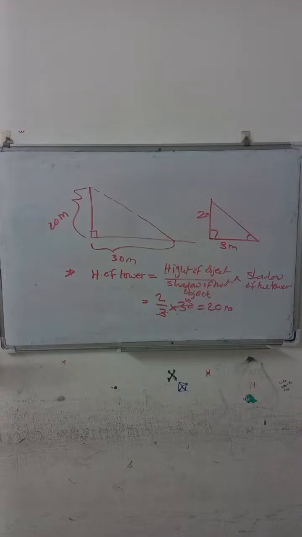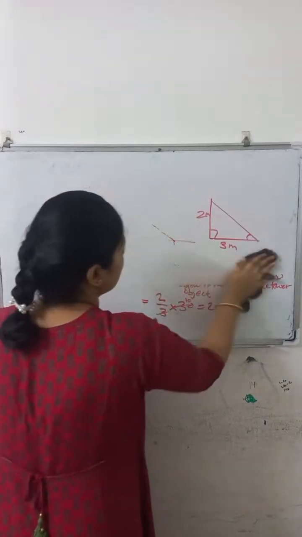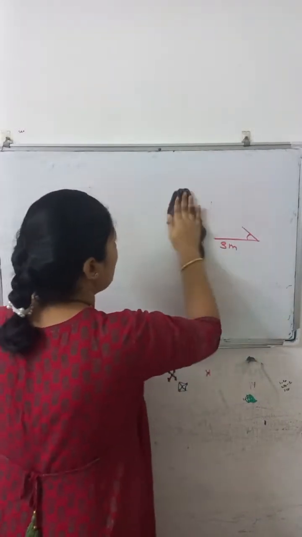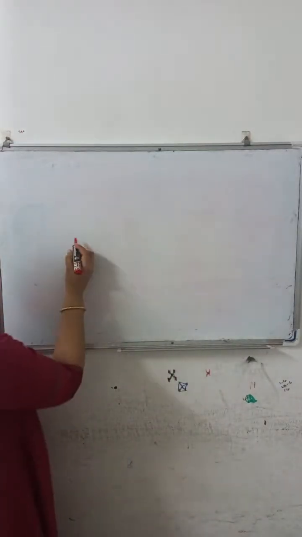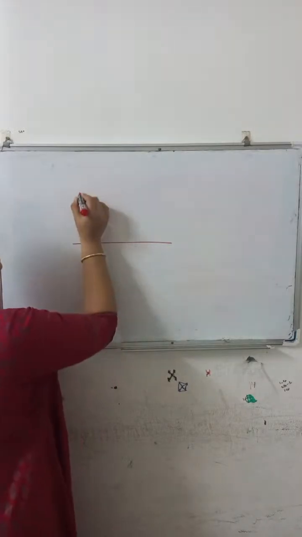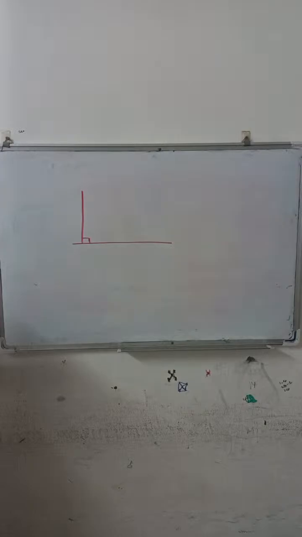So here it's very easy. Read and try to draw the figure first. There is one ladder placed against the wall. This is the ground and this is the wall, so it makes an angle of 90 degree over here.